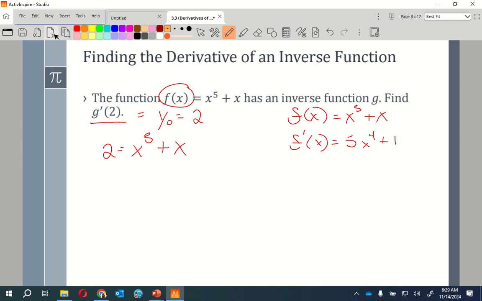I was going through all kinds of crazy stuff, completing the square, and I wasn't getting it. I'm like, man, what is, oh, okay. So think simpler. x to the fifth plus x. So that gives me that my initial x is going to be 1.